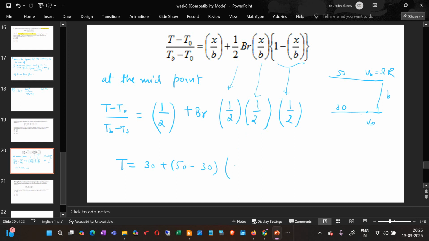And then here you will be having 0.5 plus 1 by 16. Here is 1.